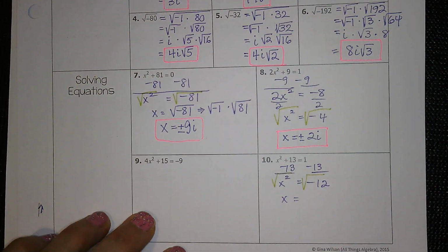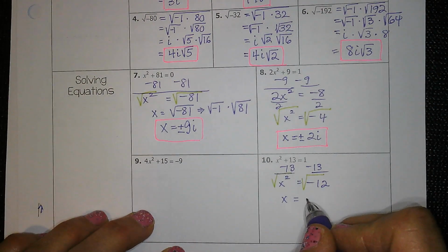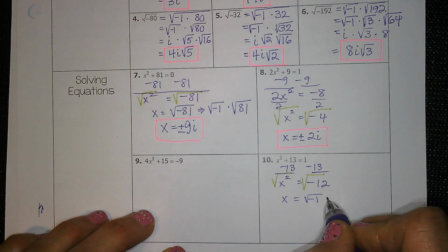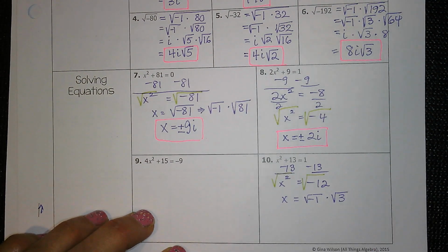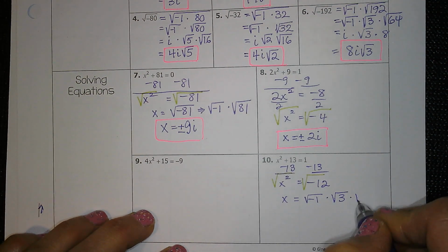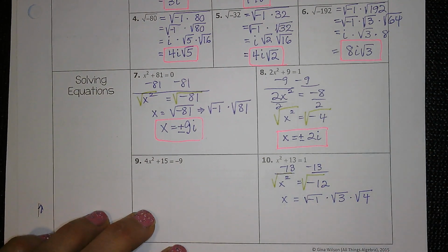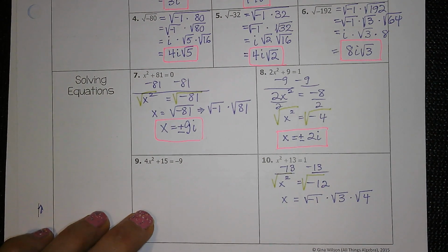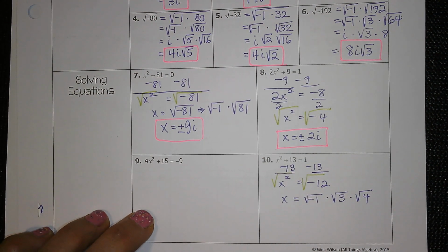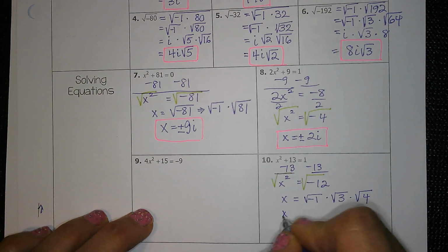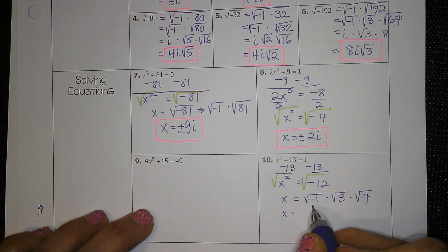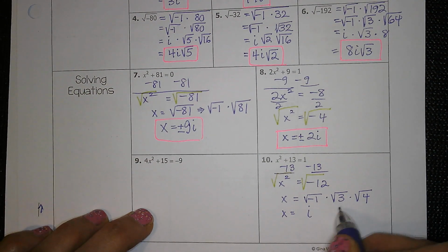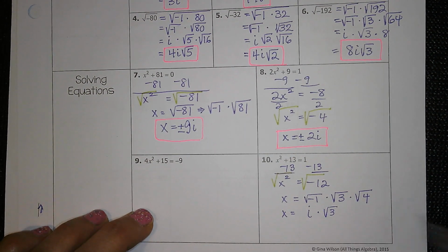Okay, so the root of negative 12 is going to be negative 1 times root 3 times root 4. Yeah? All right, so simplify everything. This is i. This we just leave alone. It can't be anything else.